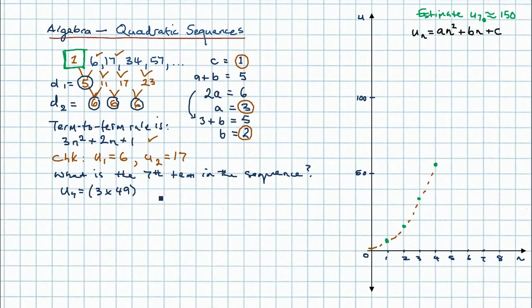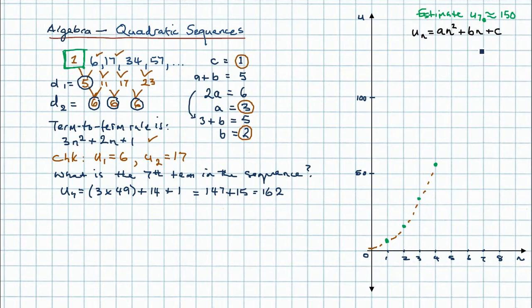Now we substitute 7 into this part of the function, so 2 times n is 2 times 7, which is 14, so plus 14, and then the constant plus 1. Well, 3 times 49 is like 3 times 50, subtract 1, so that will be 150 subtract 3, so it's 147, plus 15 gives us 162. So that would be the answer.